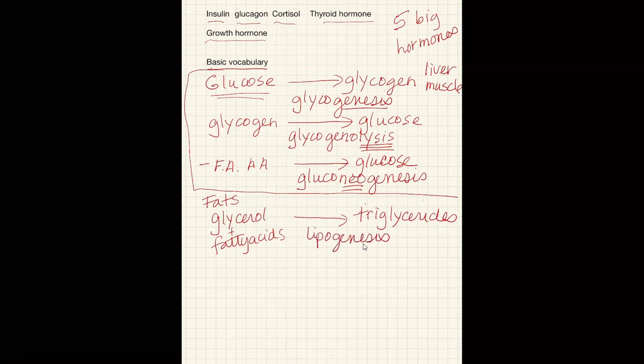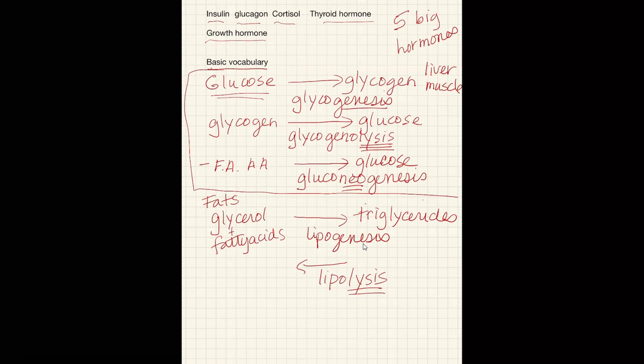So we're making lipids. Now we can go the other way, right? If we take triglycerides and break them down, that's called lipolysis. So you can get the idea that when you're lysing, you're breaking something down.